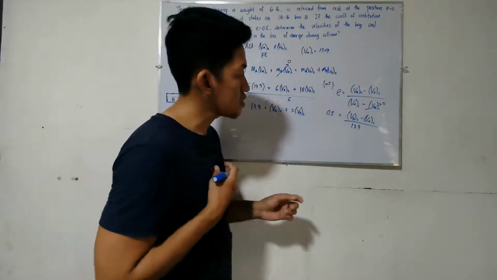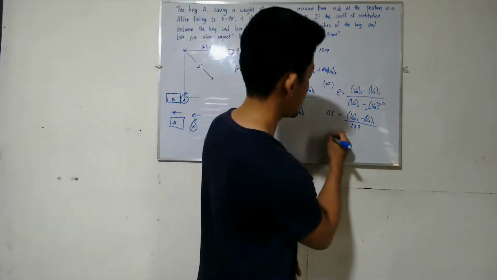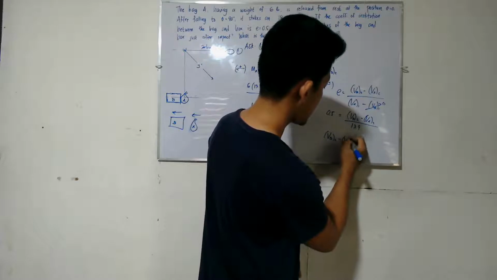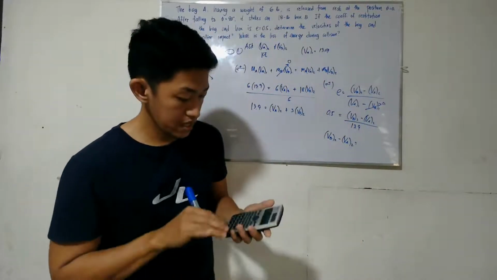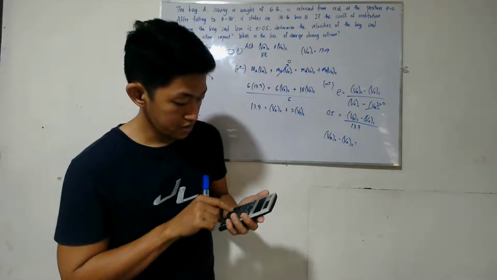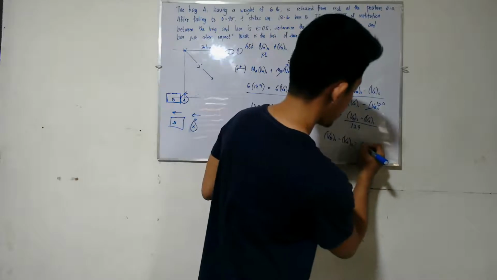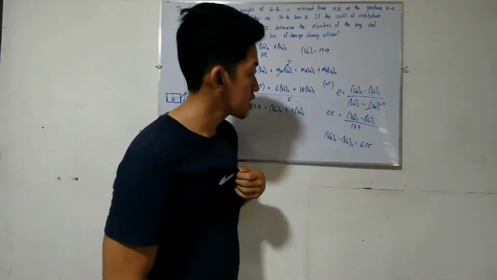So ang atong ikaduhang equation is velocity V2 minus VA2 is equal to 13.9 times 0.5, 6.95.